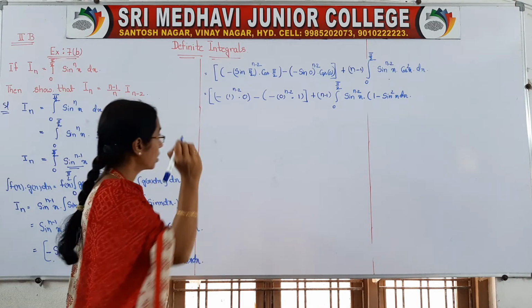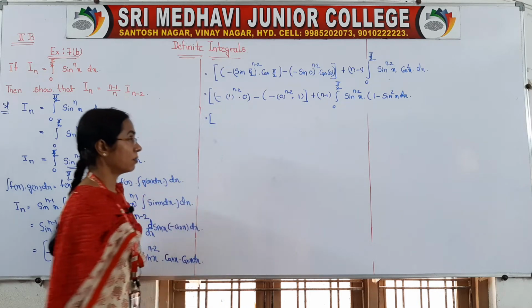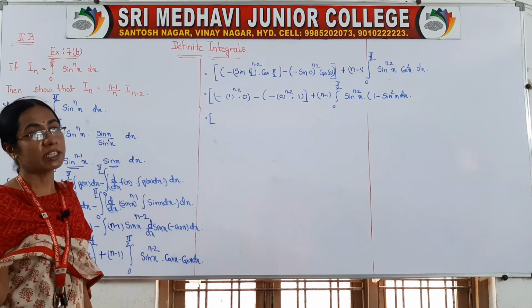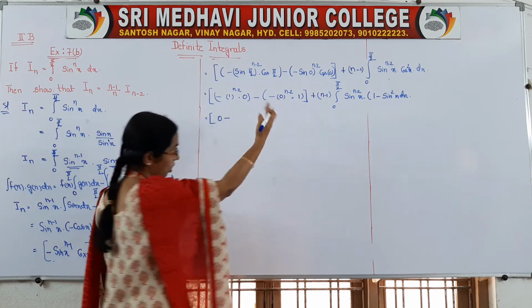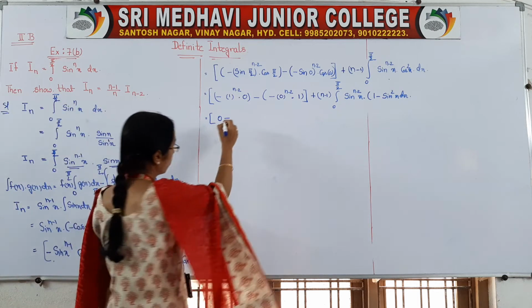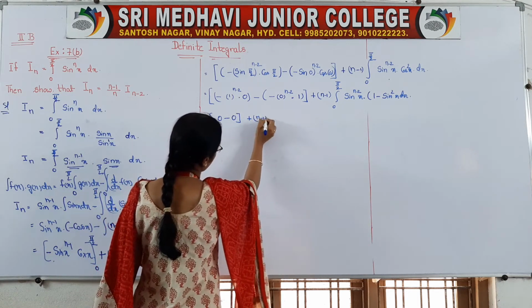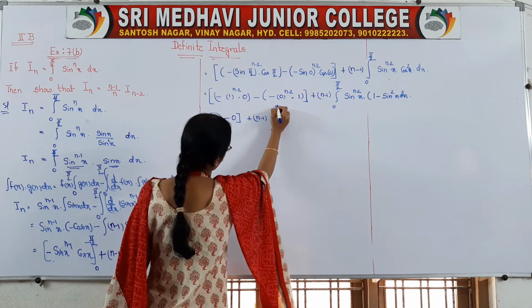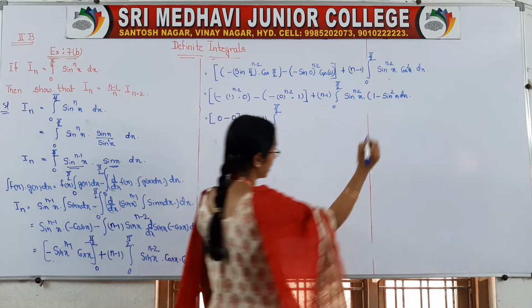Okay, so is equal to, observe here, 1 to the power of n minus 2 into 0, 0 into anything is 0, minus here also 0 to the power of anything is 0, 0 into 1 is 0. Okay, so plus n minus 1 integral 0 to pi by 2. Come on, open the brackets now.